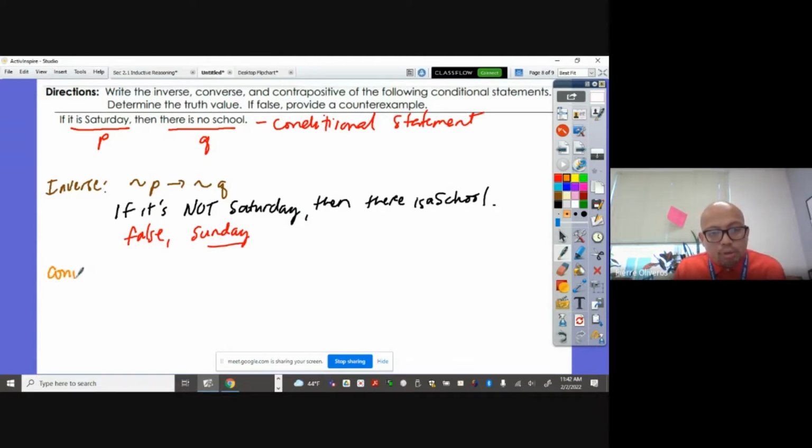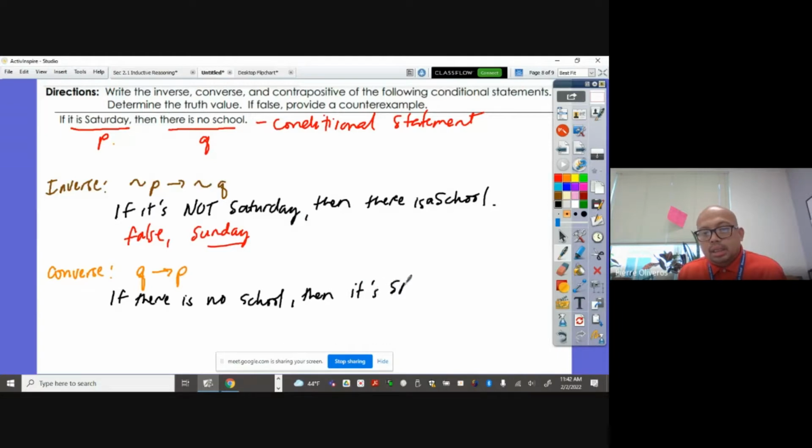Next, the converse. The converse is the switching of the conclusion and the hypothesis, so Q implies P. We swap the P and the Q. My converse statement will be: if there is no school, then it is Saturday.